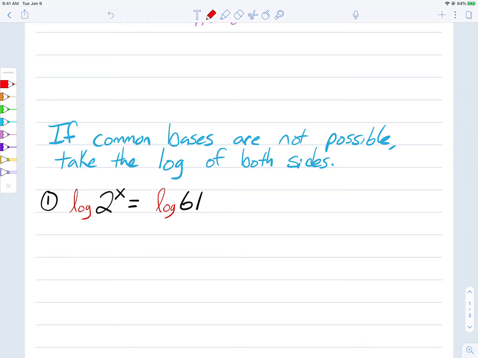Now, if you remember the power rule for logs, exponents actually can be put into the front as coefficients. And this is exactly what you want to do because you're getting your variable out of the exponent.